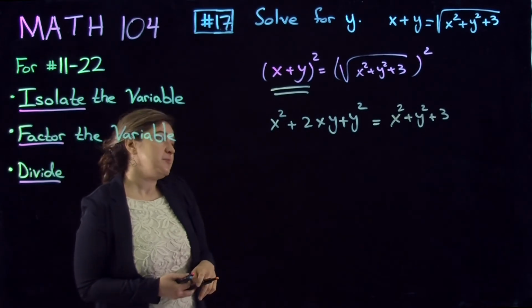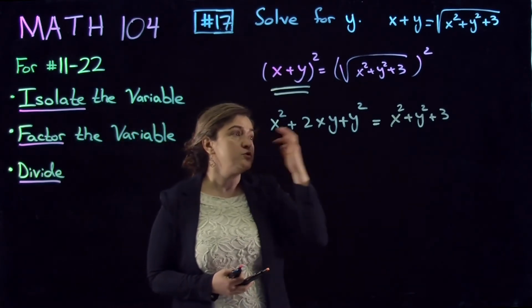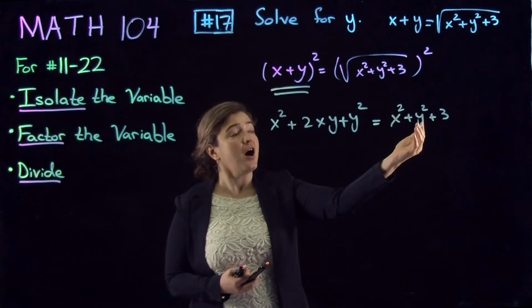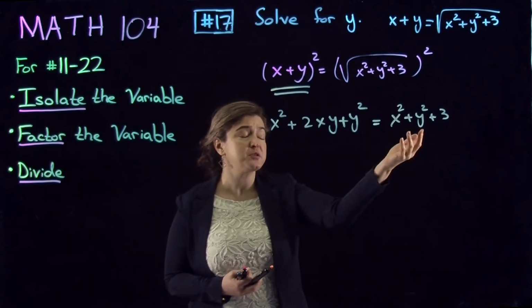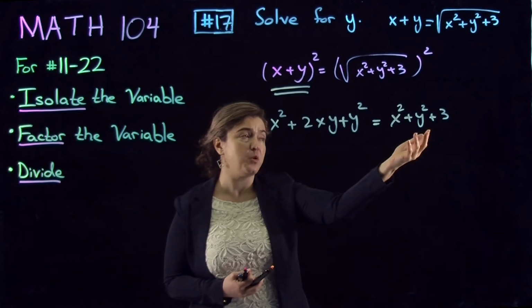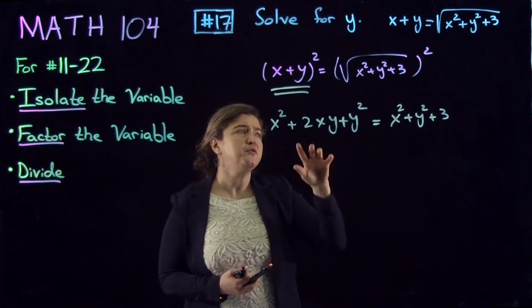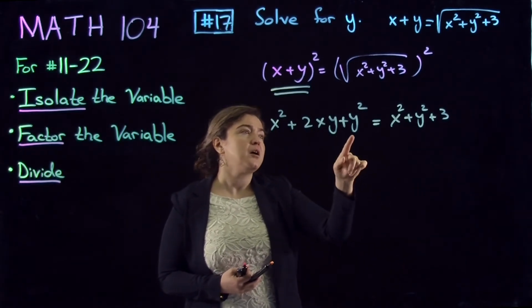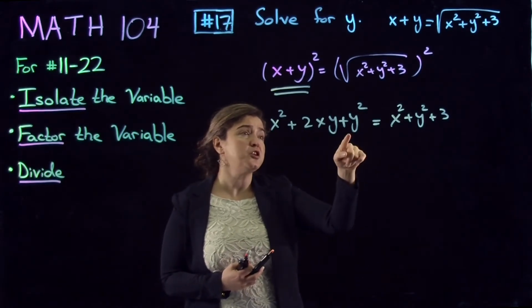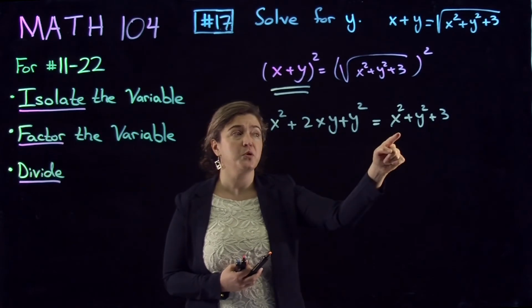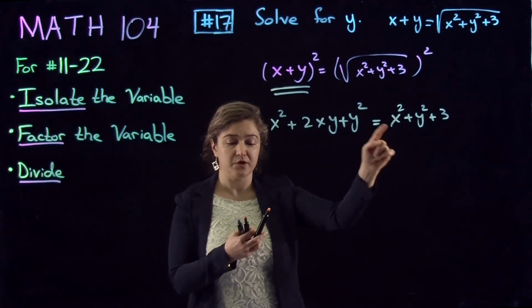Now the next step is to try to isolate y squared and the terms with y. But before going to that part, I'm noticing that there are terms that are the same on both sides, so I'm subtracting those terms.